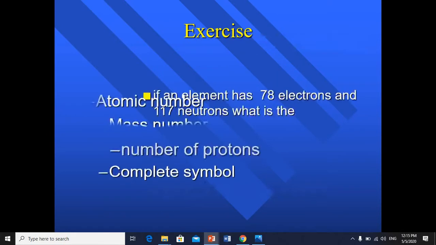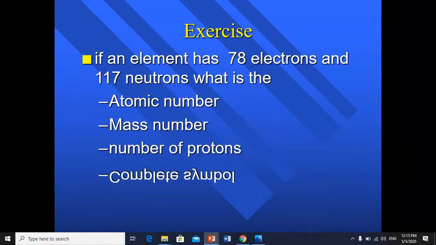Okay, exercise 3. If an element has 78 electrons and 117 neutrons, what is the following? So what will be the atomic number? If we have 78 electrons, this means that the atomic number is also 78. Excellent. And the mass number, we said, equals the protons plus the neutrons.